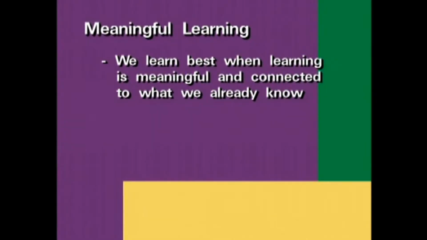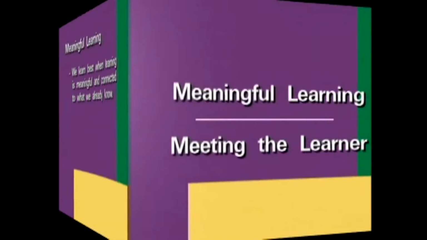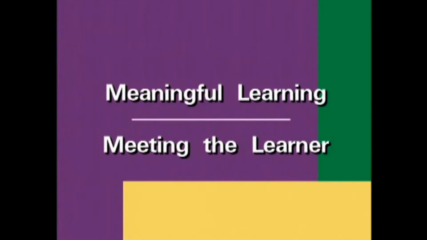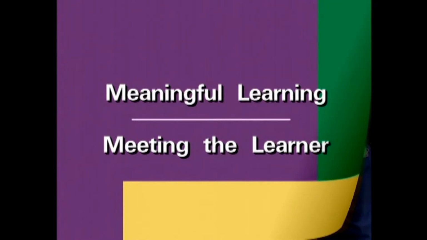We learn best when what we are learning is meaningful to us, when we can connect it to what we already know. Let's move into a preschool classroom and see how one teacher makes learning meaningful as she meets her 3 to 5-year-old learners where they are.